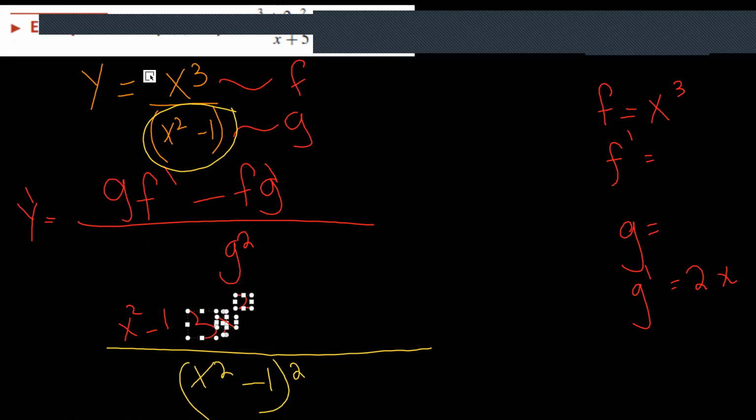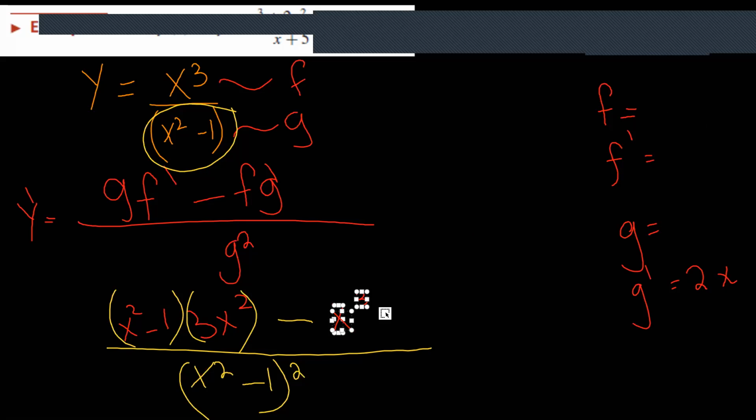I put them here. Then I have to multiply them because it is g f prime. g times f prime minus. Now where is f? It is x cubed. I will bring x cubed and put it here. Then where is g prime? It is 2x. I'll bring it and put it here.